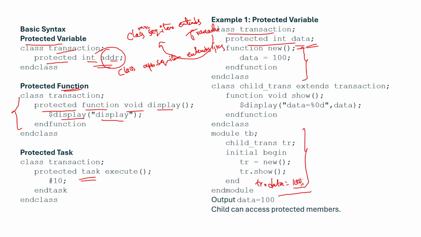Class transaction with address in the class. After that, module TB, inside that transaction TR, then initial begin, TR equal to new. After that, TR dot address equal to some value, assigning. In this way, for a normal class we are doing, right? But whenever a protected variable is there, we can't access it directly. Okay, clear?